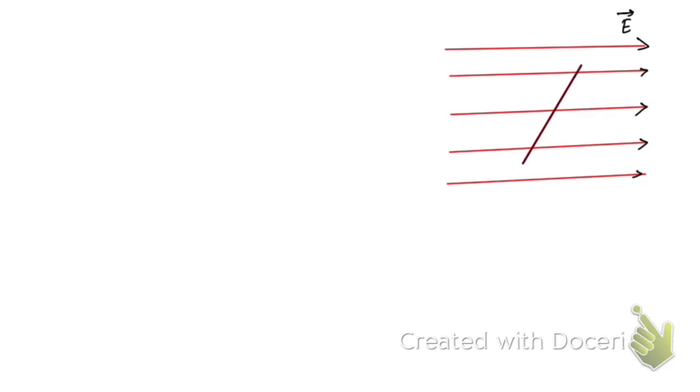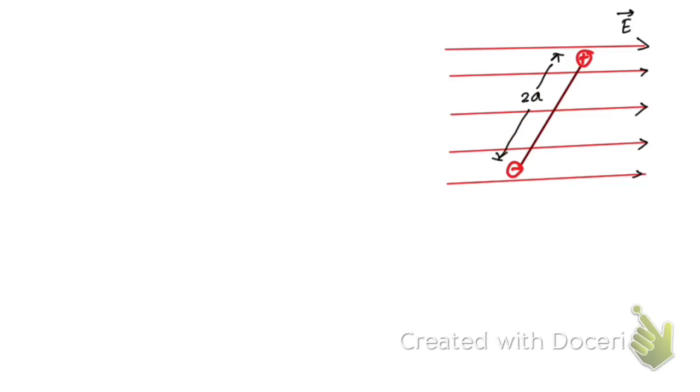So this is an electric dipole. This is the positive charge here, and here it is the negative charge, separated by a distance 2a. This is the dipole length, 2a.